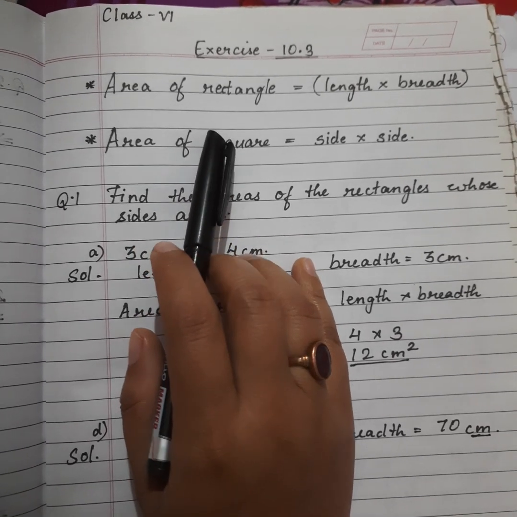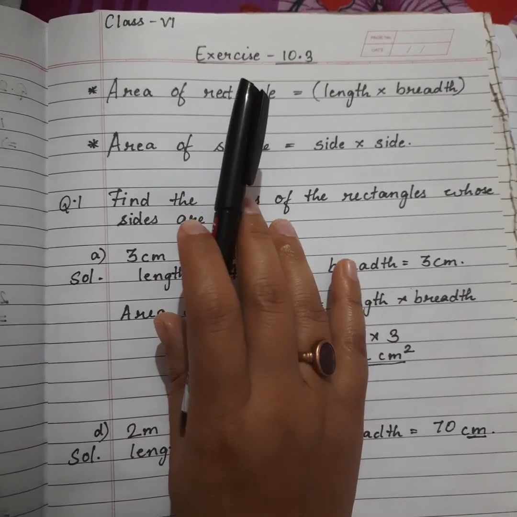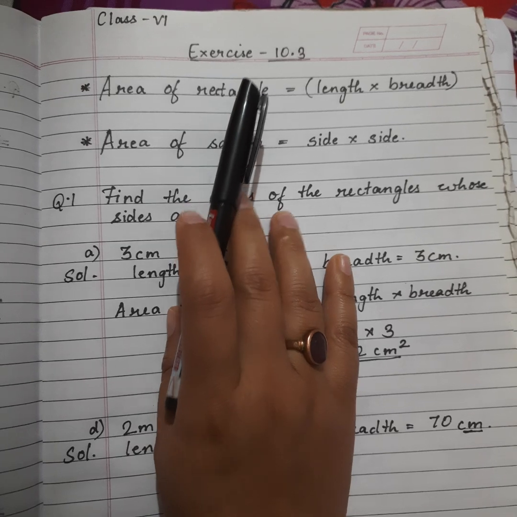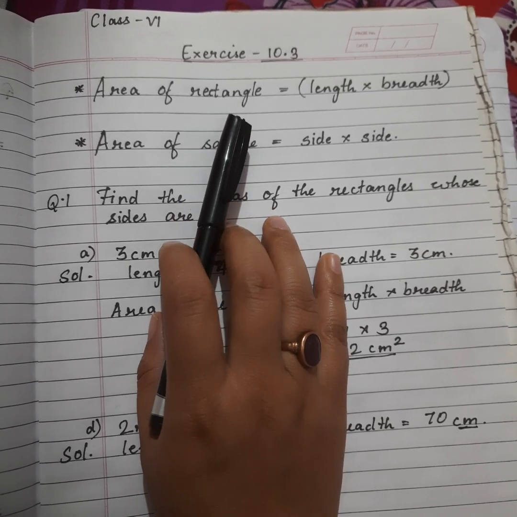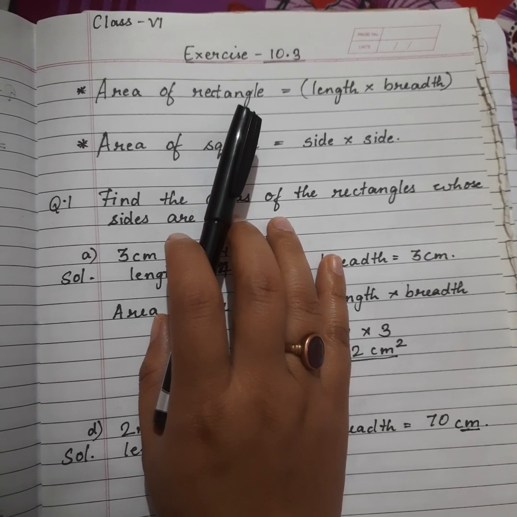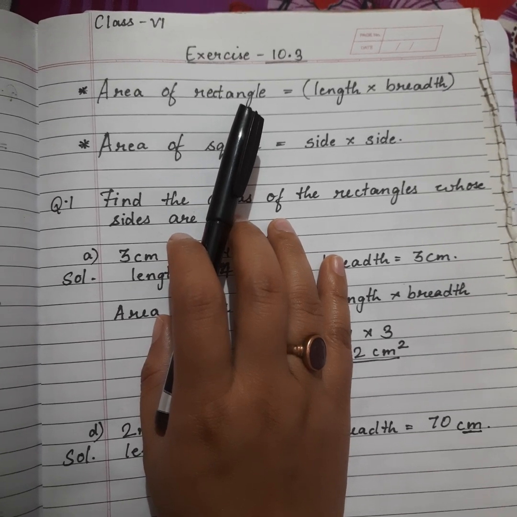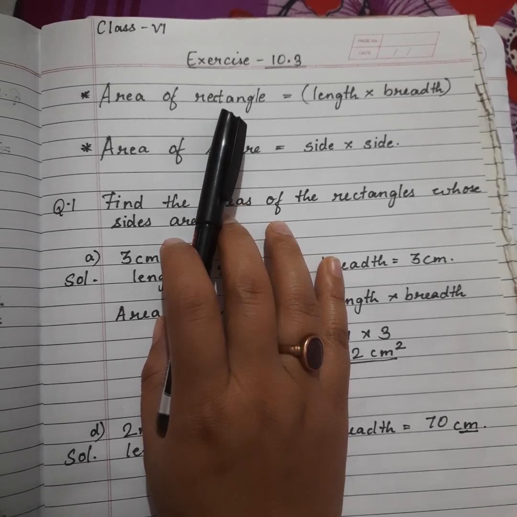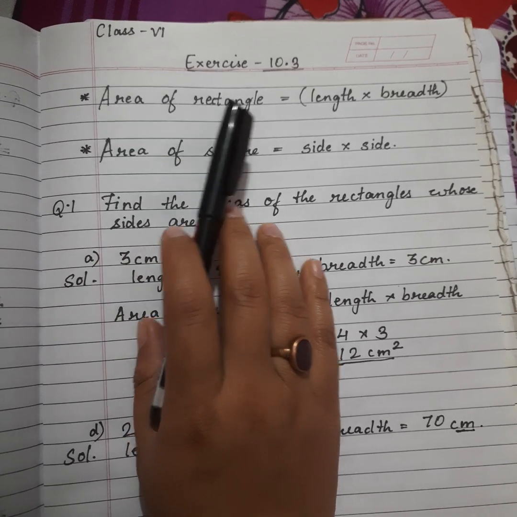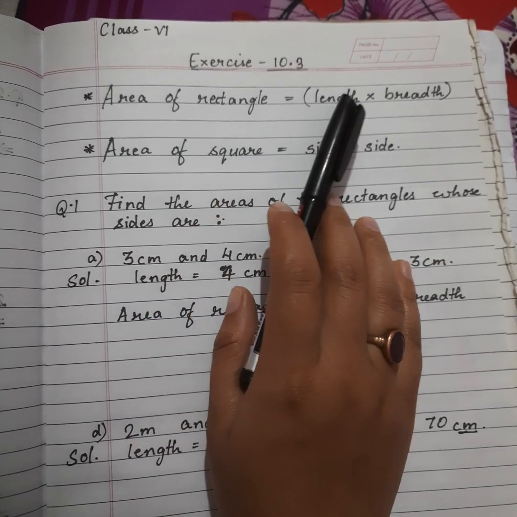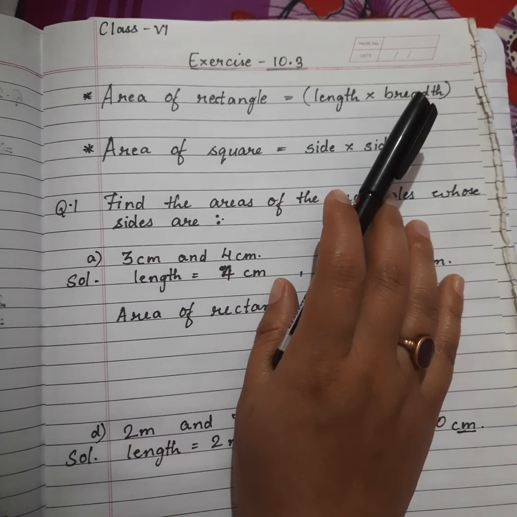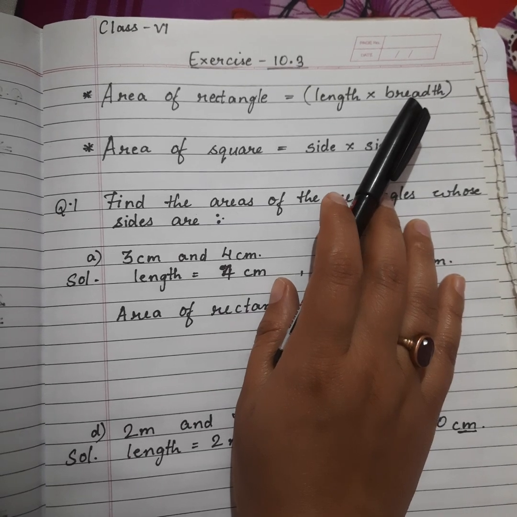So now let's start exercise 10.3. In 10.3, we are going to use two formulas which are very important to you, and this you know already. So let's revise it. Area of rectangle is equal to length into breadth, which is also known as width.